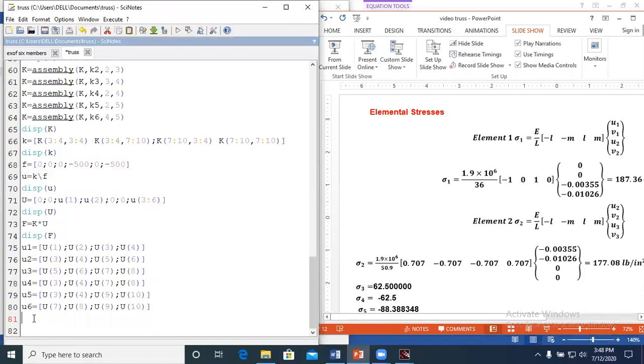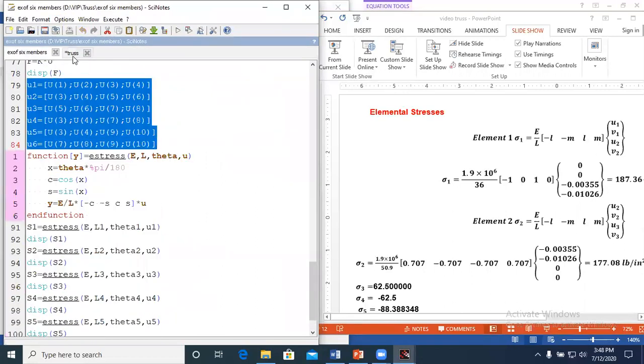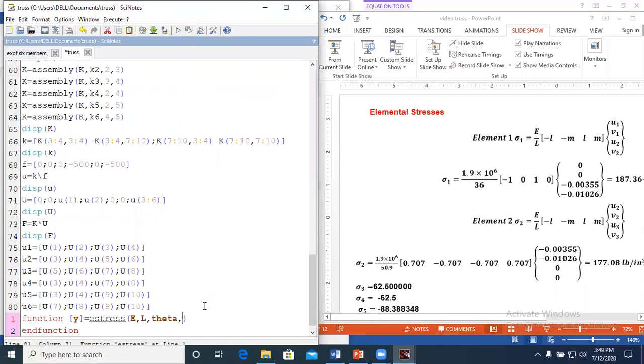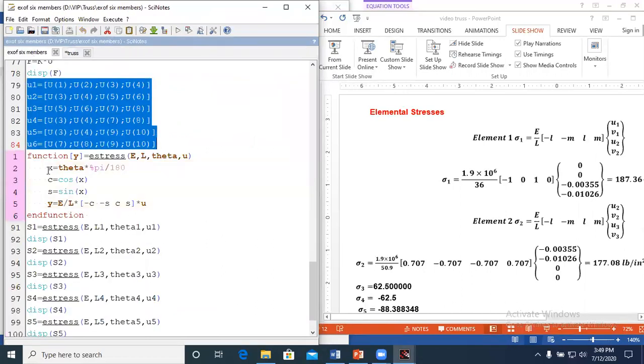Now I will write the function: y equal to EStress, with arguments E, next L, next theta, and U. For the definition of the function, I will take it from here directly, so it will reduce the time.